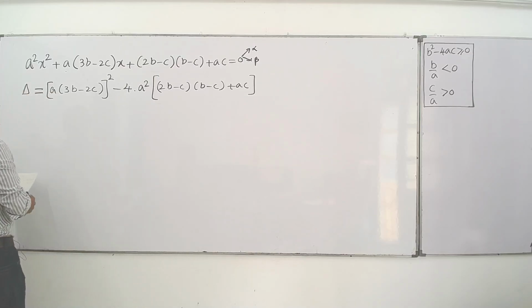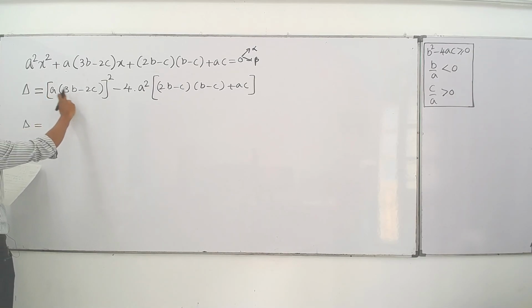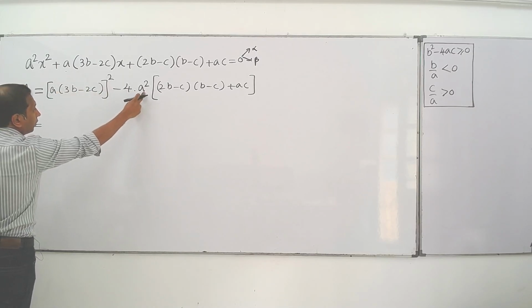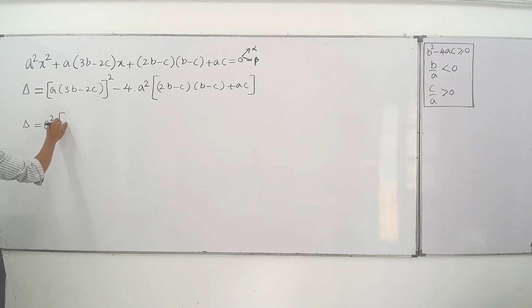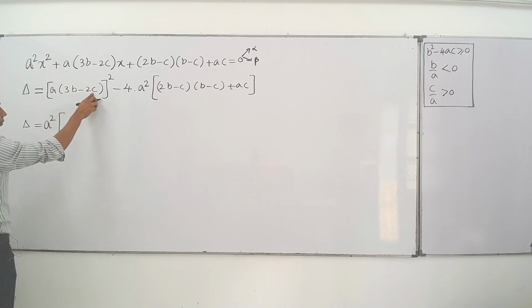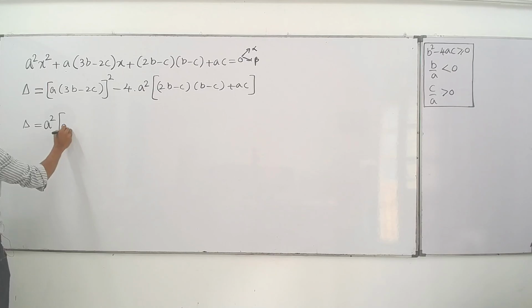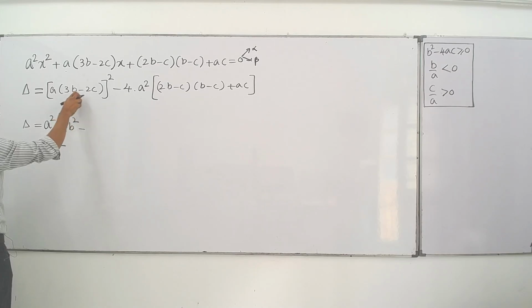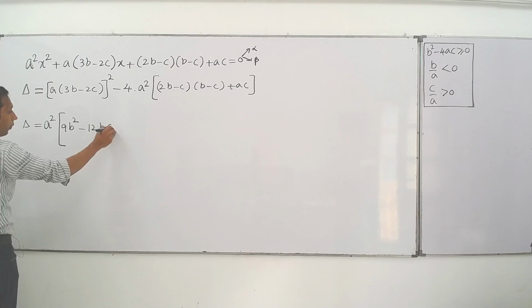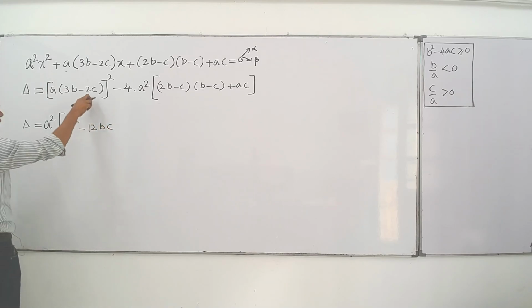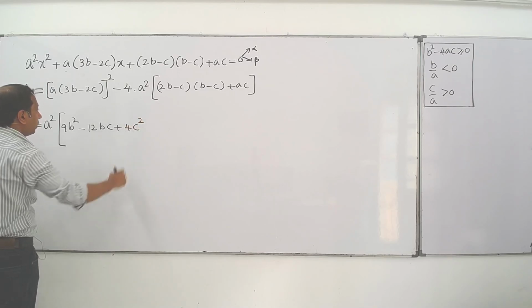Now we have to simplify this. When you square this, we get a squared, and here also we have a squared. First of all, I take that a squared out. Then square this: 9b squared minus 12bc plus 4c squared.